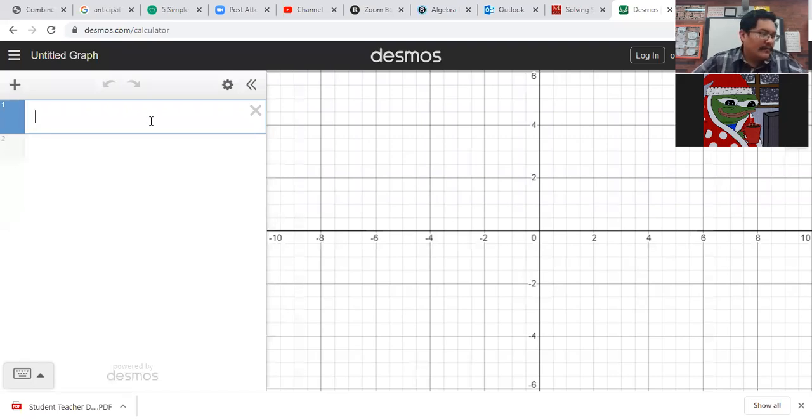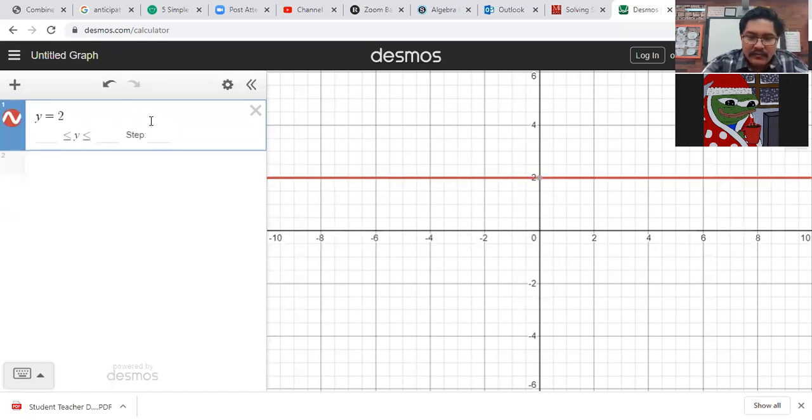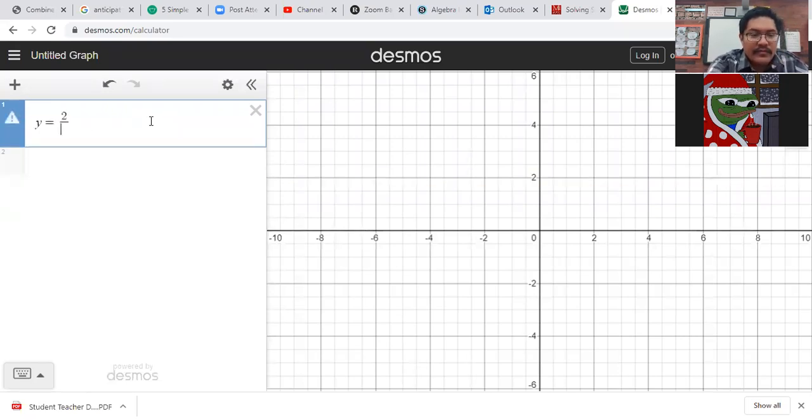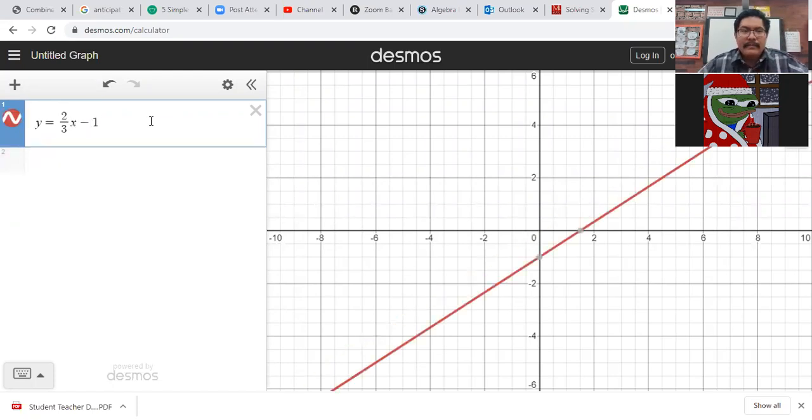So the graph we got from the page was y equals 2/3 x minus 1. Now it has a slope of up 2/3, and we have to check it to make sure it goes through the point -6, -5, which our graph here does do.